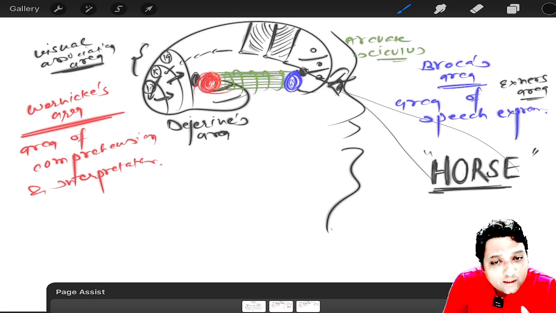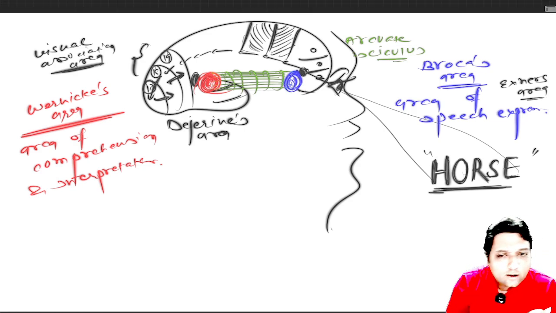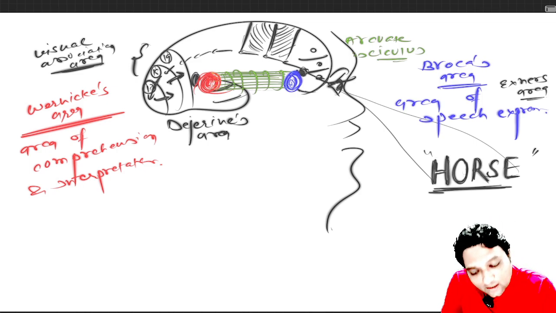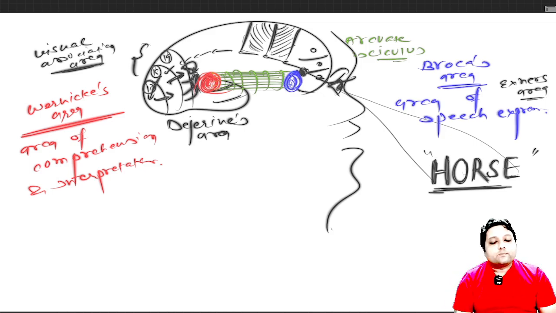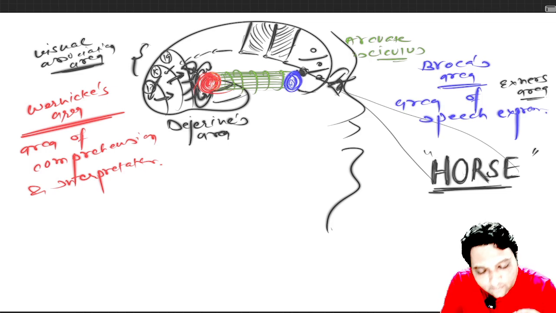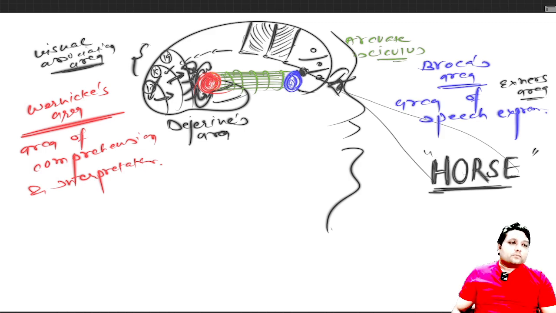But still we do not get an idea or a meaningful image related to these words. Now, how do a meaningful image and the generation of an idea occur? After recognizing these words, the tertiary visual cortex communicates with Gyrin's area, and through Gyrin's area, it communicates information to Wernicke's area.